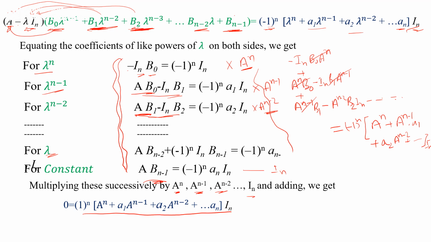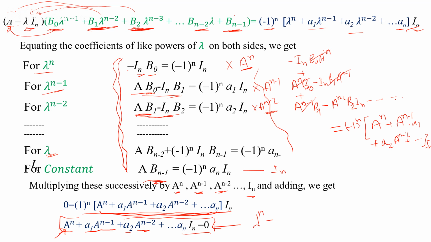So here what we'll see, if this equation is 0, we can say this part is also 0. So we can say A^n plus small a1 A^(n-1) plus a2 A^(n-2) and so on is equal to 0. See here, if I replace that capital A, which is the matrix, with lambda, we get a characteristic equation, lambda^n plus a1 lambda^(n-1) plus a2 lambda^(n-2) and so on.